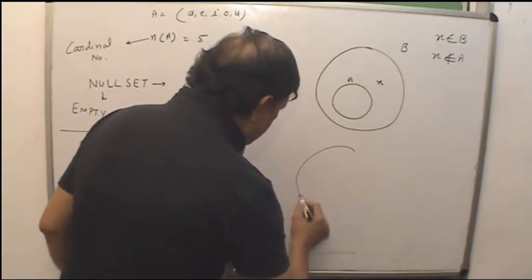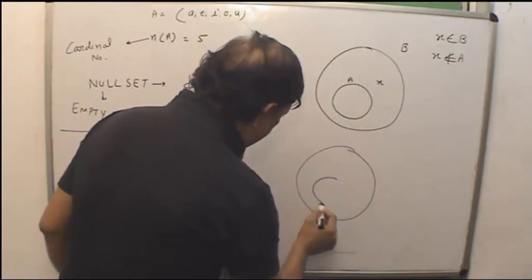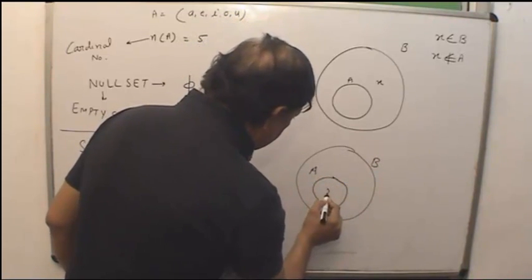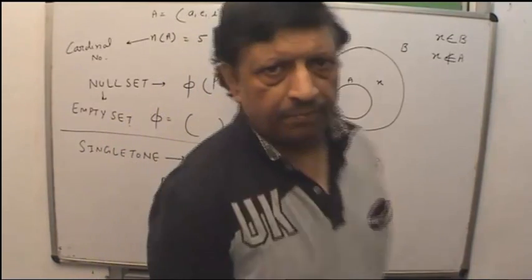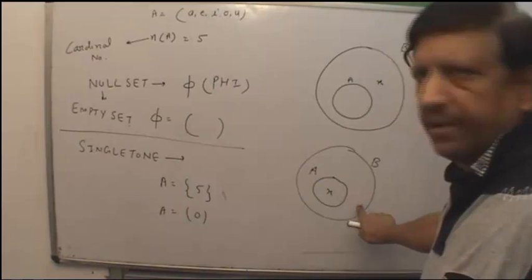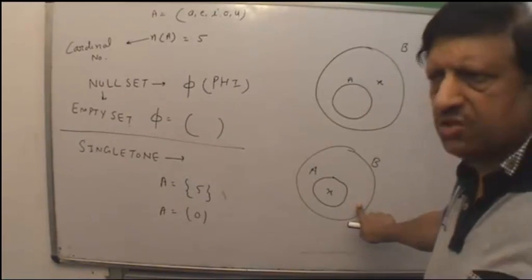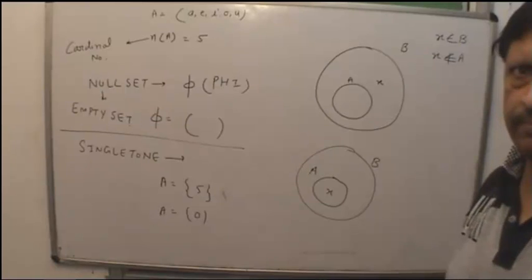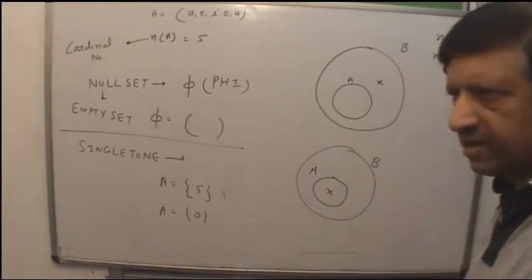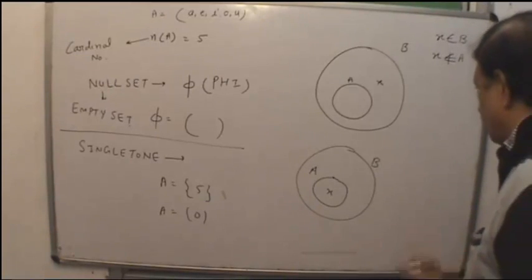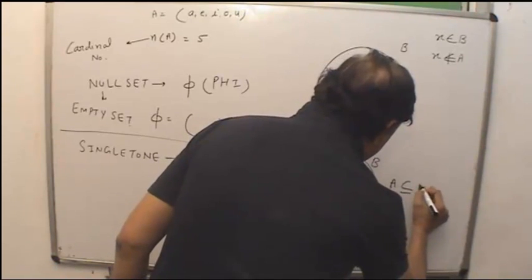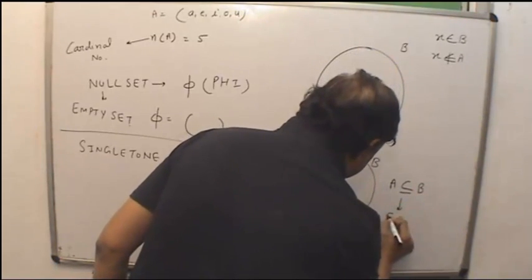If we take some other example, here it is the set B and here it is the set A. Now we write this element X. Here, X is present in A. It means X is also present in B. If it is so, then we call A a subset of B. This is the sign for subset.